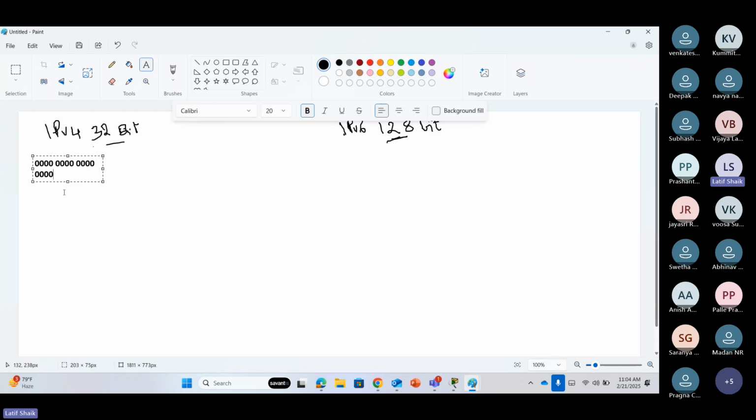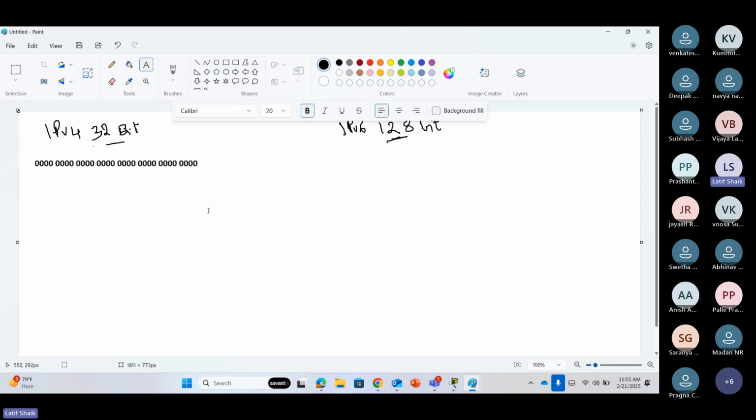Now it is 8, 16, 24, 32. So this is a total of 32 bits in binary.